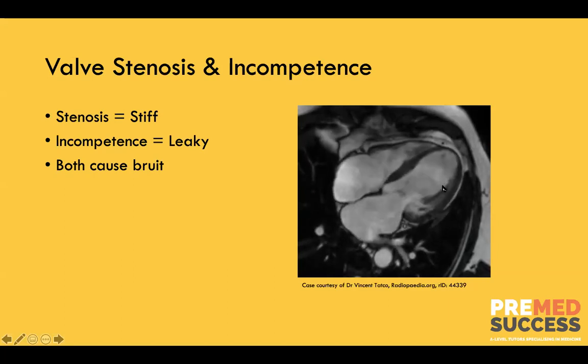You can also tell it's the left side because the wall is much thicker in the ventricle, and it has to pump blood all the way around the body, as opposed to the right ventricle, which only has to pump it around the lungs, so a much shorter distance. So that also indicates that this is the left side we're dealing with. And then the valve between the left atrium and the left ventricle is, as most of you have said, the mitral valve.